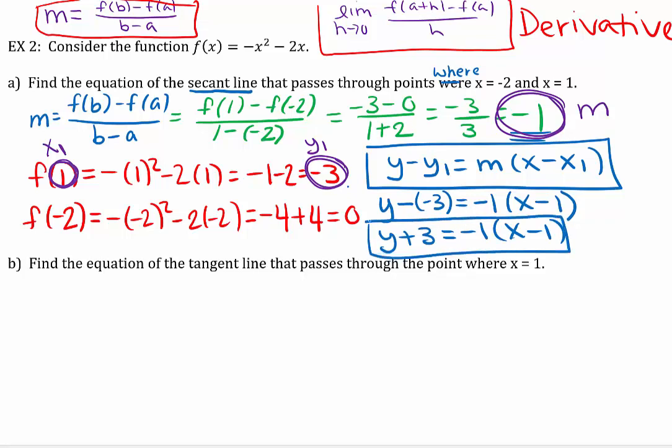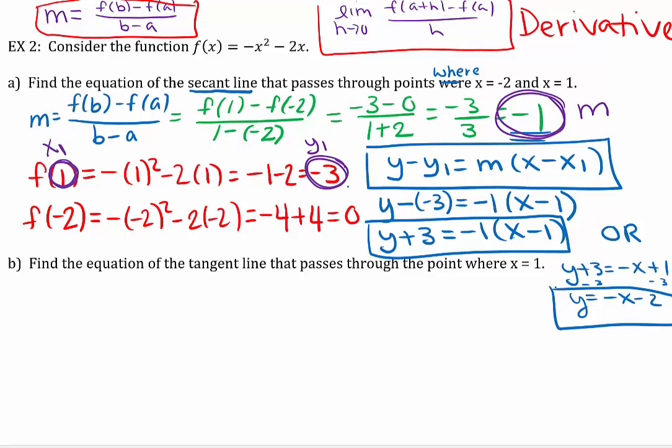If you'd like to solve this for y, you are welcome to. If I wanted to solve this for y, I would distribute the negative 1, and then I would subtract the 3. And so y equals negative x minus 2 would also be a correct answer. But again, I don't care if you leave your equations in point slope form or if you solve them for y. You can choose how you want to write your equations.